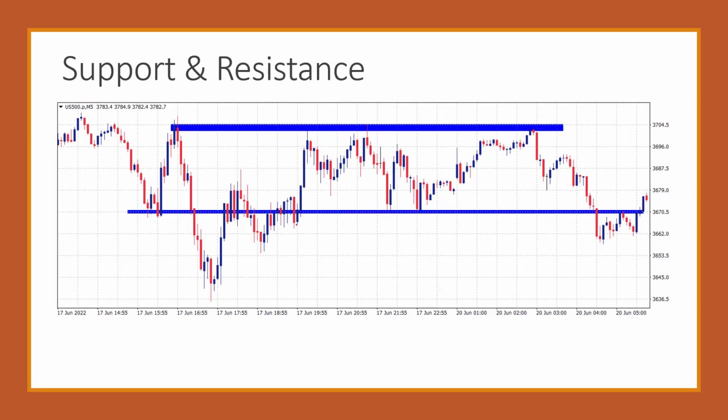For example, as you can see here, when we broke through this support, we very quickly dropped a fair bit. And when we broke back above it, it didn't take long to then go and hit this resistance up here again. So that is support and resistance.